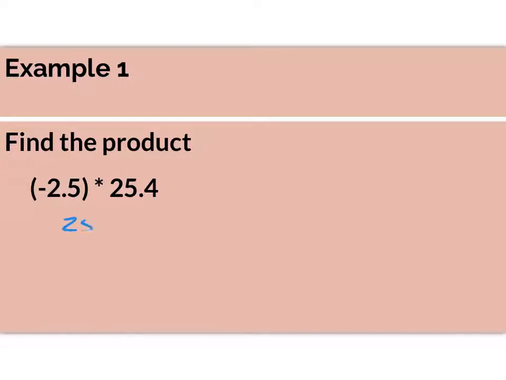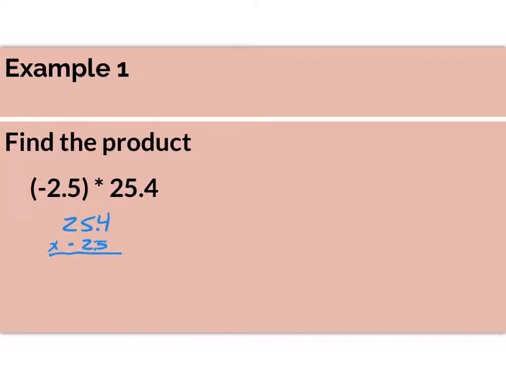So you got 254 multiplied by 25. Do not worry about your decimals until the very end. And I just put them in there just because I put them in there. So this is how we're going to set it up. We're going to pretend like we're multiplying 254 times 25, even though they have decimals in them.